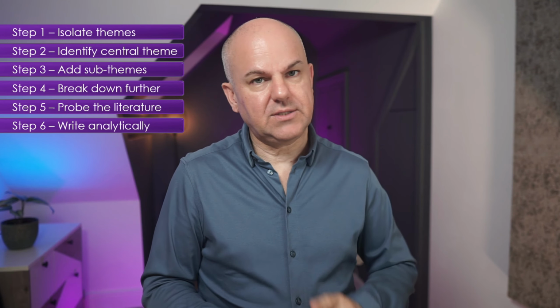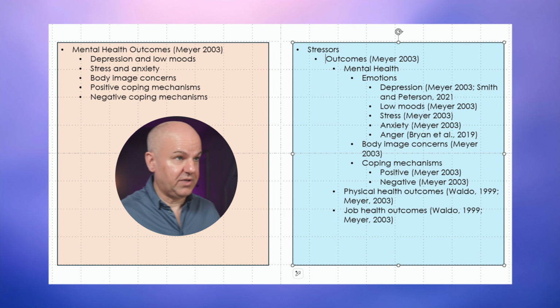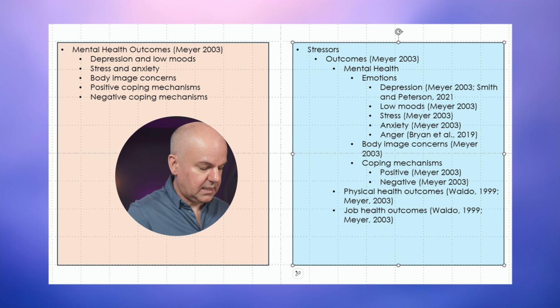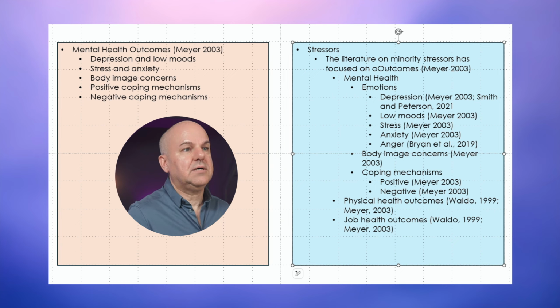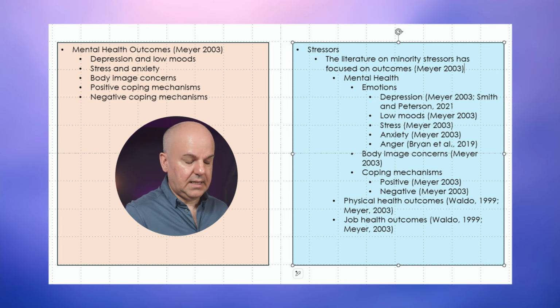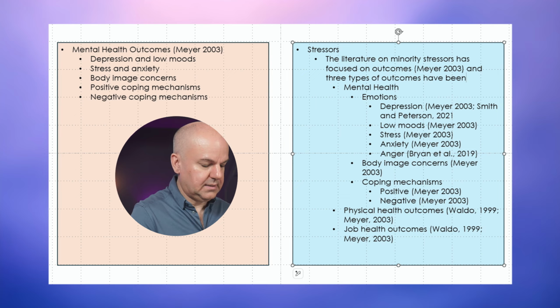Step 6 is about writing analytically. And once you've developed your analytical structure, you can write on top of it. Let's see how it works in practice. So we've got our structure here, and I'm going to start writing on top of it. So, the literature on minority stressors has focused on outcomes, and 3 types of outcomes have been identified.